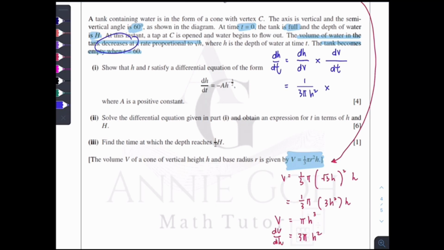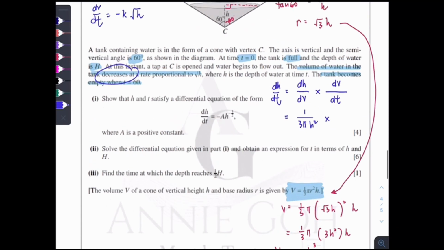And remember, where's our dV/dt? The dV/dt is actually over here, negative k square root h. What they want us to prove here is in terms of a, where a is a positive constant. So let's group the constant together. The constant should be negative k over 3 pi.